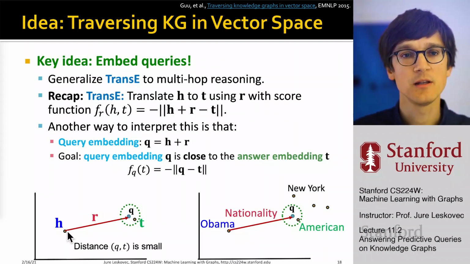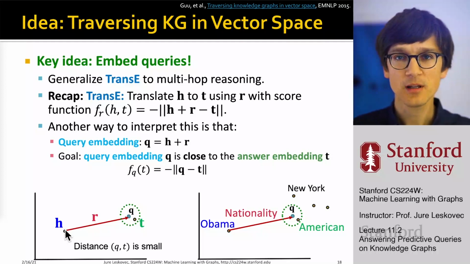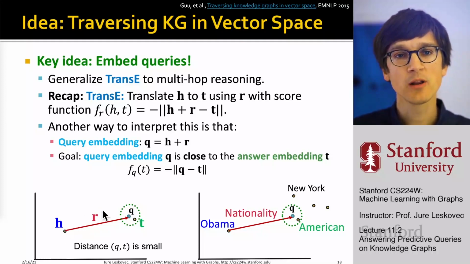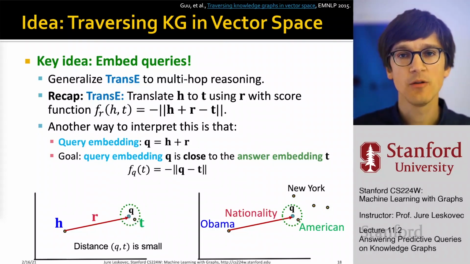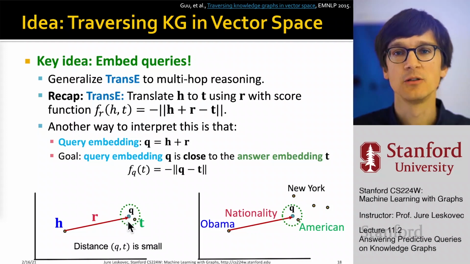Another way to think of it is, I start with the head. That's my anchor node. I traverse over this learned vector R that leads me to some point. This is now the embedding of my query, and my goal is to minimize the distance between the embedding of the query Q and the point T, the embedding of the entity that is the answer to this query.